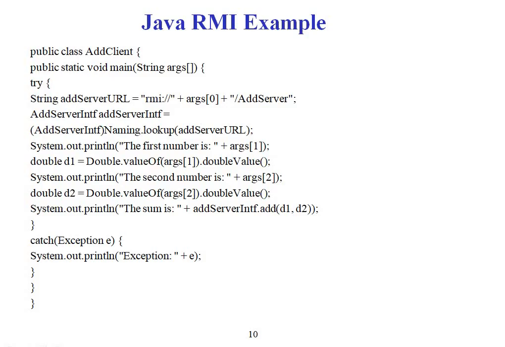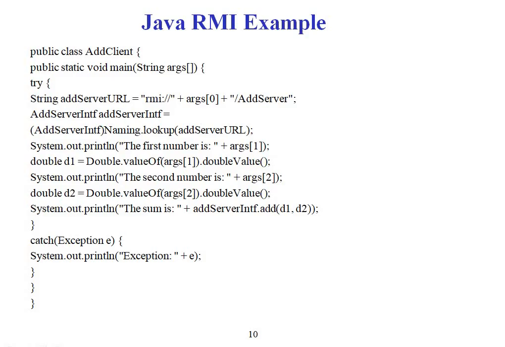The application begins by forming a string that follows the URL syntax. This URL uses the RMI protocol. The string includes the IP address or name of the server and the string AddServer. The program then invokes the lookup method of the Naming class.